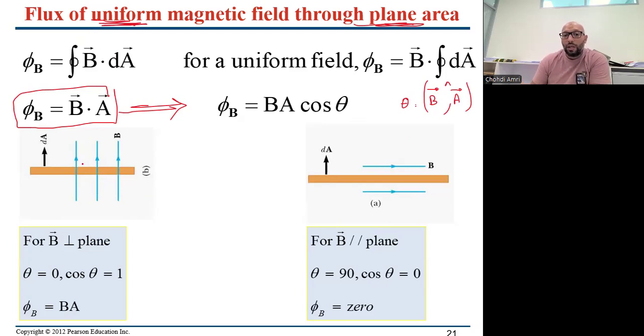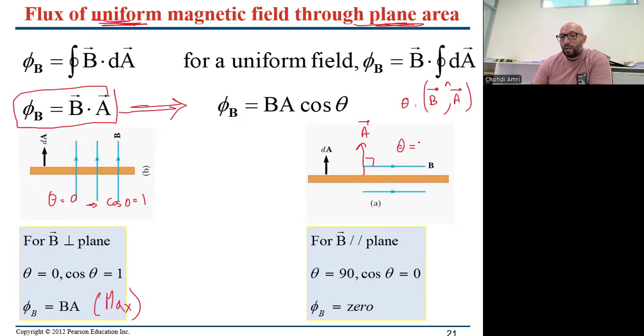Okay, so here, if the magnetic field is perpendicular to the surface of the plane, that means the magnetic field is parallel to the vector area A. In this case, the angle theta is 0. Cosine 0 is maximum, is 1. So the flux in this case is going to be B multiplied by the area, which is maximum. However, if the magnetic field lines are parallel to the surface, they will be perpendicular to the vector area.